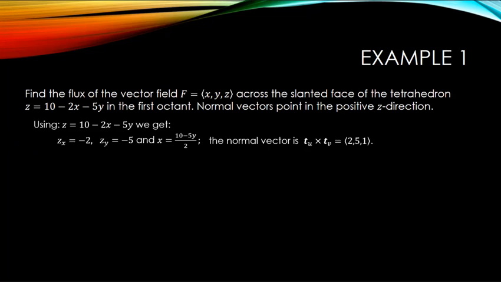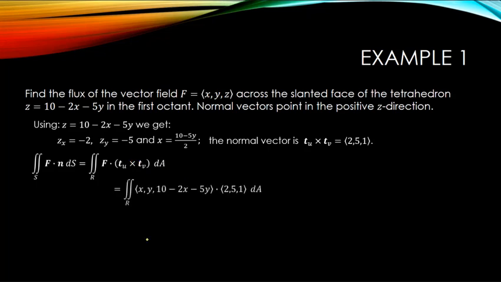So my double integral over the surface of F dotted with n dS becomes the double integral over R of F dotted with t sub u crossed with t sub v dA, and this becomes the double integral over R of the vector with components x, y, and 10 minus 2x minus 5y dotted with the vector with components 2, 5, 1 dA.